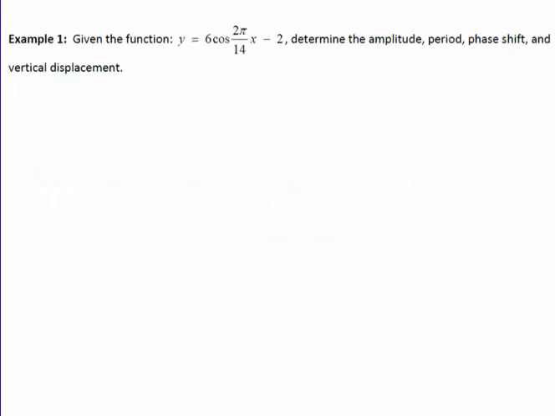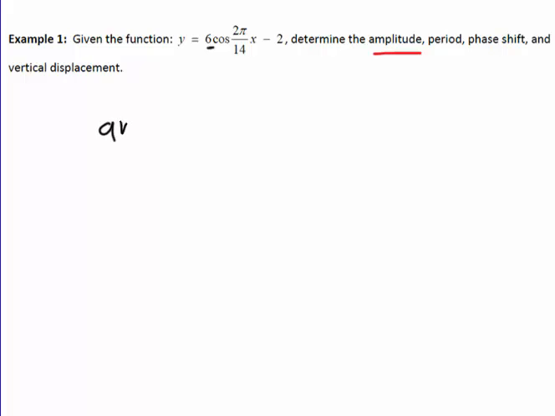So let's look at a function and determine all of these properties. Here's our function, y equals 6 cos of 2 pi over 14 x minus 2, and we want to determine the amplitude, period, phase shift, and vertical displacement. Well, the first one is pretty easy, the amplitude. Amplitude is just the a value, the number in front of the function.